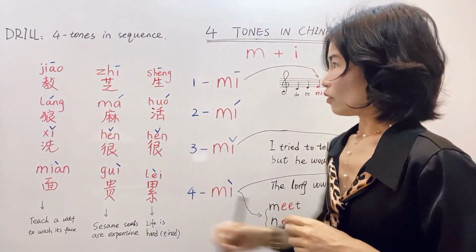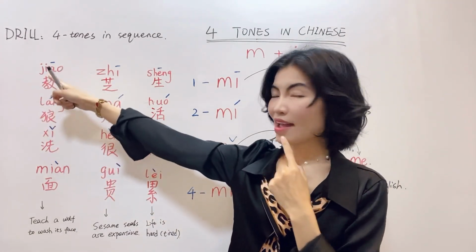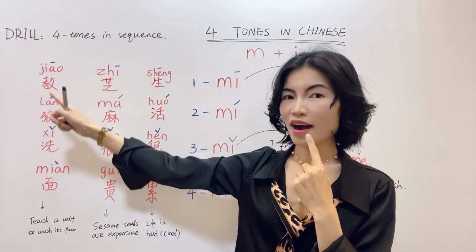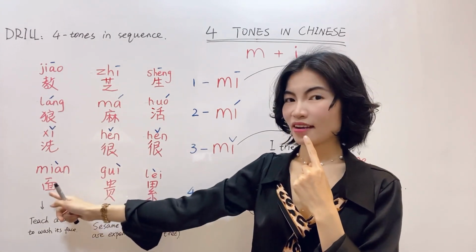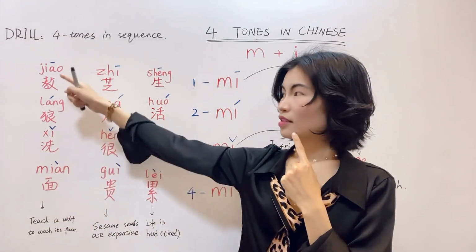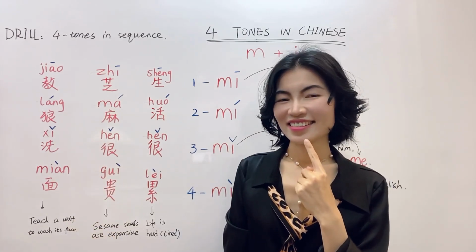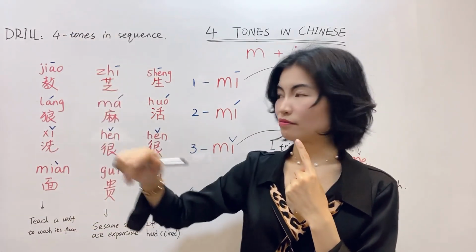Okay, now removing the initials. Stay with me. L, ang. Practice with me, please. Ang, E, N. L, ang, E, N. Yeah, removing the initials might be easier for you to practice along, right?